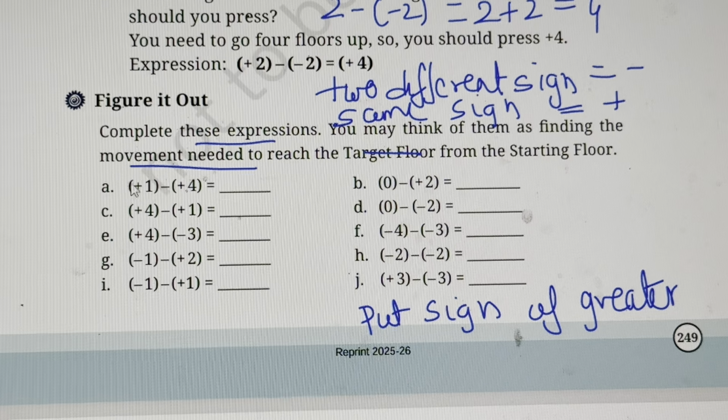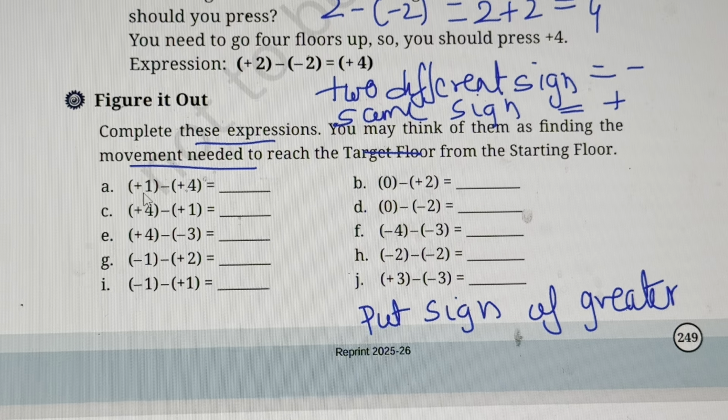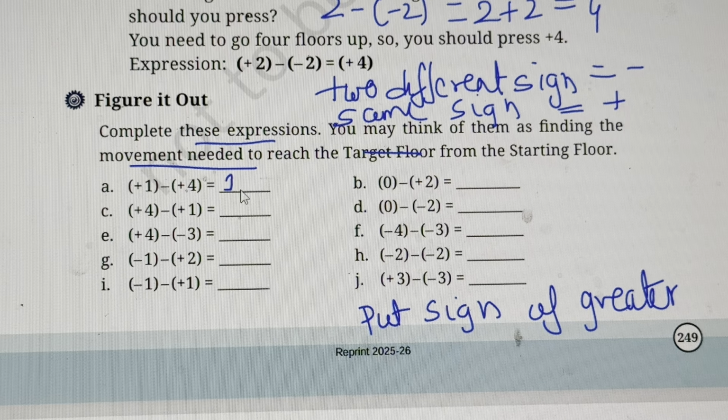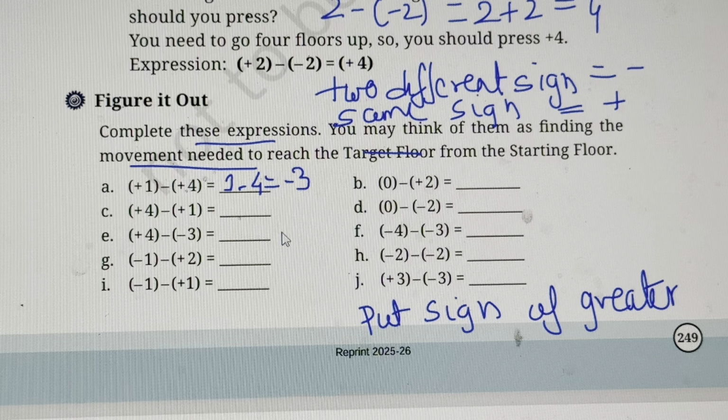So based on that, we first do question number 1. Now, if the first number is positive, we need not write the plus sign, we just write it as 1, as it is. Now, I just told you different sign means subtraction, so minus. Right? So 1 minus 4. What we do is 4 minus 1, that is 3. But we put the sign of greater, so the answer would be minus 3. Okay?